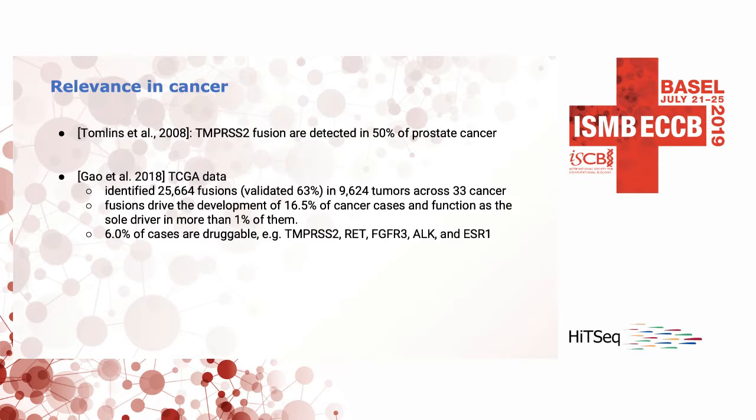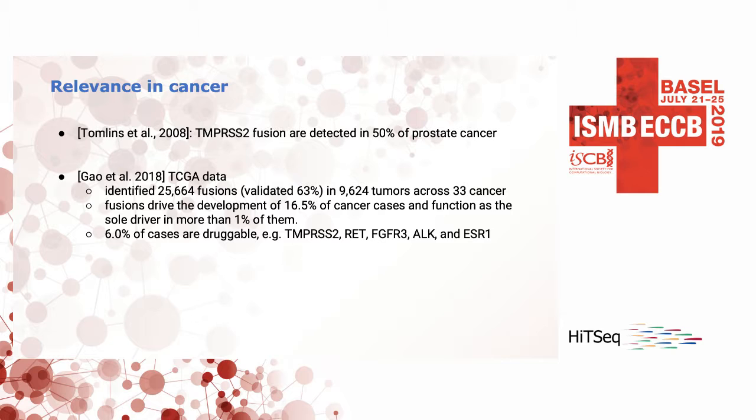protein. So in 2008, we have known that TMPRSS2 fusions are detected in 50% of prostate cancer. And 10 years later, we have a lot of TCGA data.